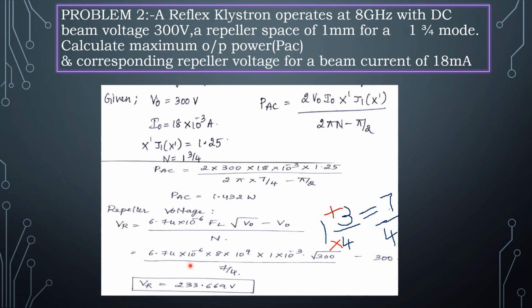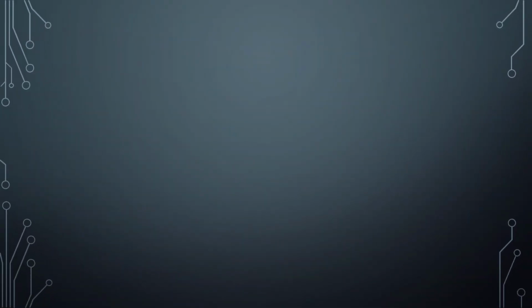When we solve this term first and subtract the resulting value from 300, we will get 233.669 volts, which gives the value of the repeller voltage. Thank you.